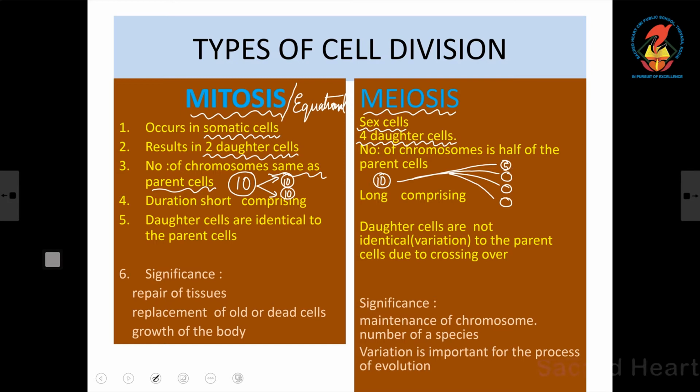So each will have 5 chromosomes. So the third point, the number of chromosomes is half of that of the parent cell. So that's why meiosis is also known as reductional division. In context to the third point, it is getting another name, reductional division.